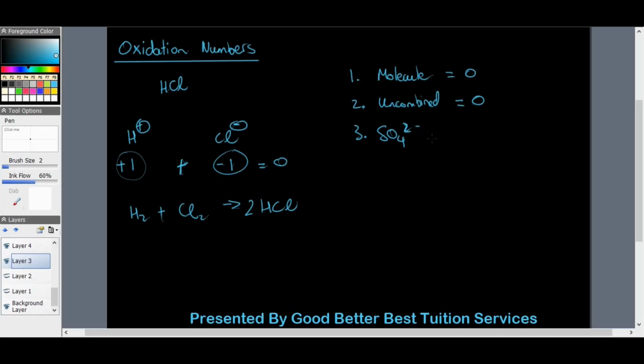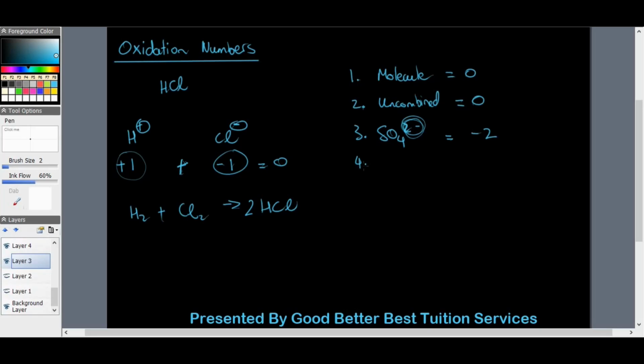So if it's 2 minus, then that means my oxidation numbers must add up to -2 and not 0, because for an ion of an element, the oxidation numbers must equal the same as the charge on that ion.